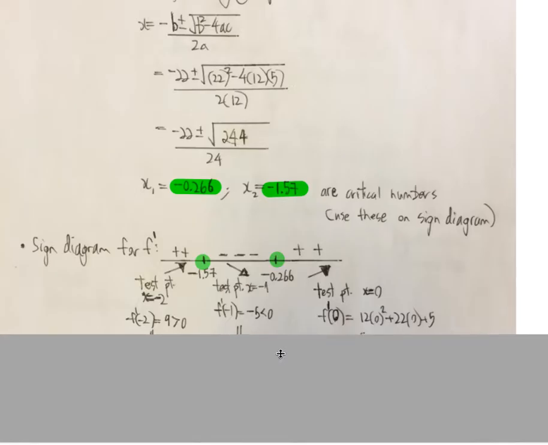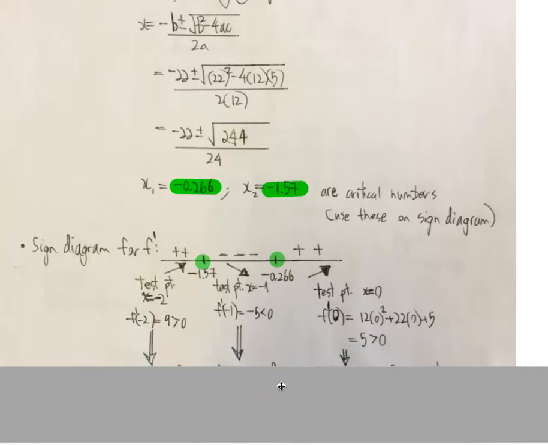All you need is the sign of the term, in other words, whether it's positive or negative. So in this case, we have a positive value at the test point of -2, as well as at the test point of 0, by virtue of at x equals 0, we come up with a value of 5 in our first derivative.